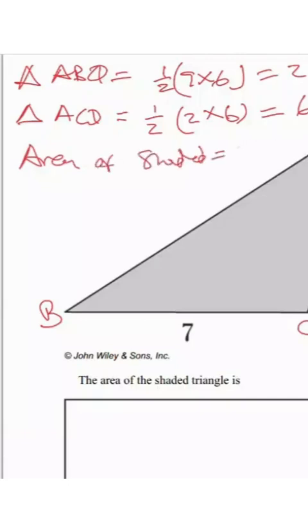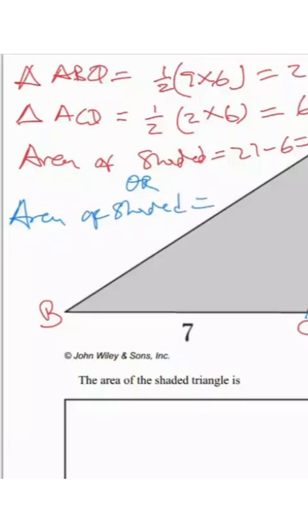Remember, we can also solve the area of the shaded alone, which is to say half times 7 times 6.